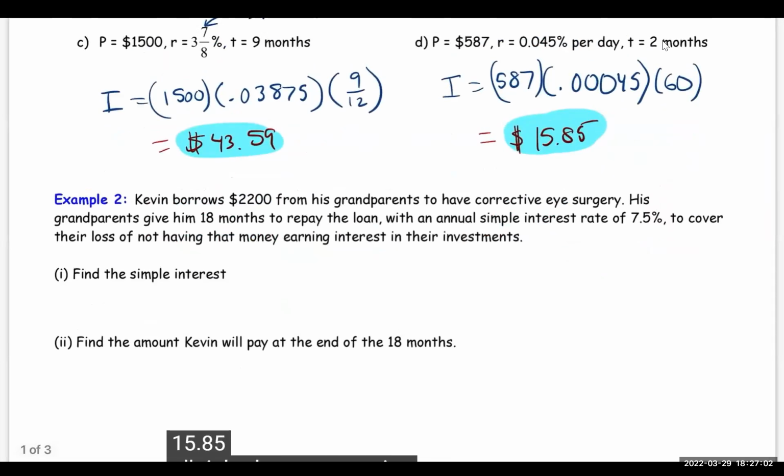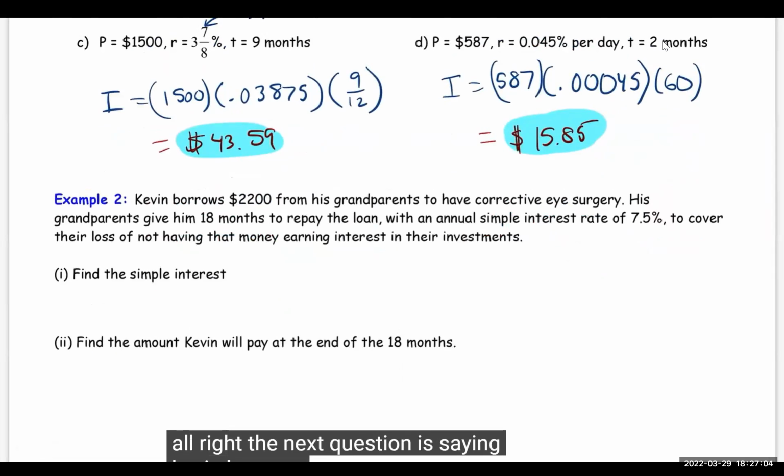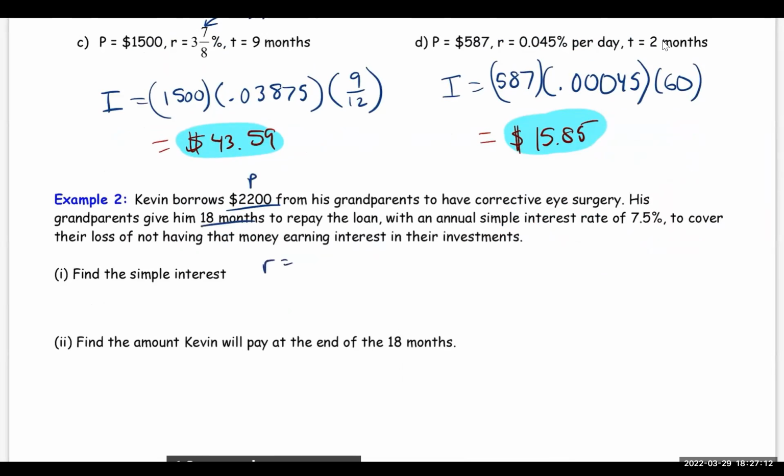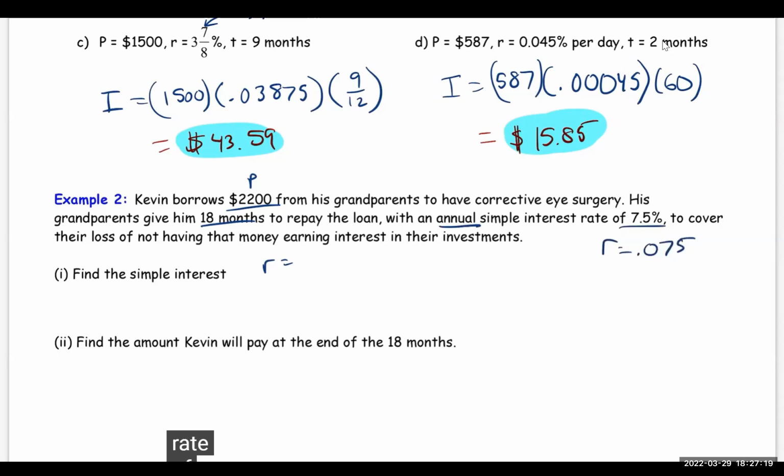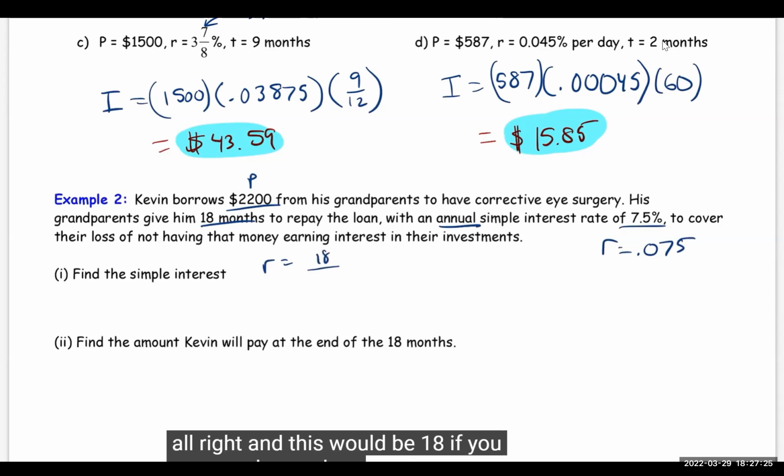All right, the next question is saying Kevin borrows $2,200 from his grandparents to have corrective eye surgery. So that's the principal amount. 18 months to repay, and an annual interest rate of 0.075. If you convert 18 months to years, you divide by 12 because there's 12 months in a year.